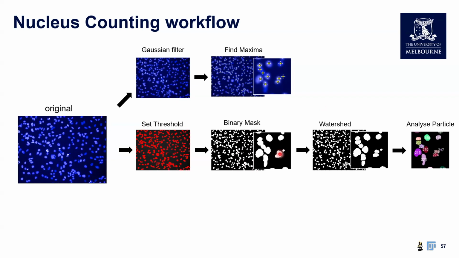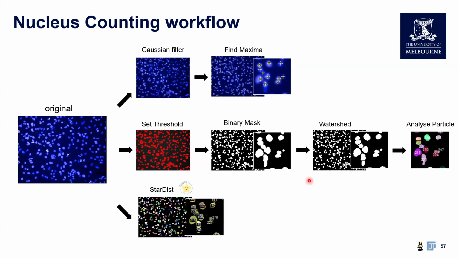If some objects are touching, we can also do binary processing called watershed to split the touching objects. Then we can count those objects using connected component analysis, which is called analyze particles in ImageJ. So these are really conventional methods.